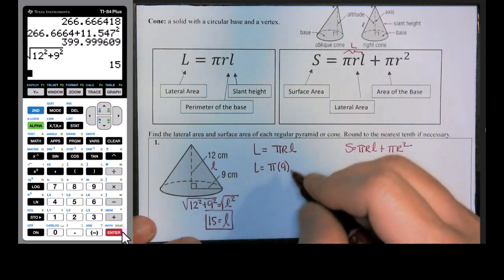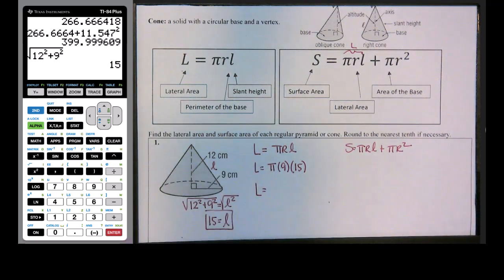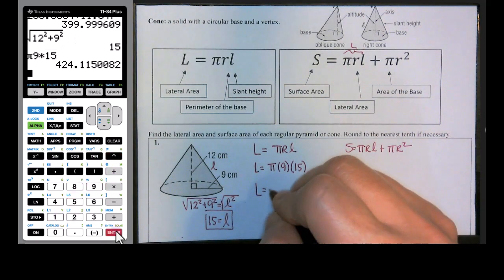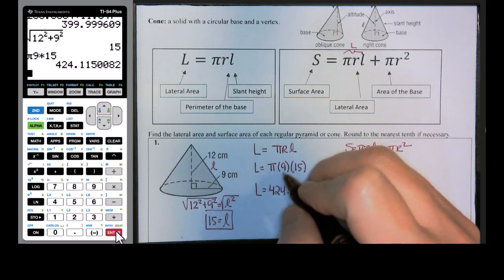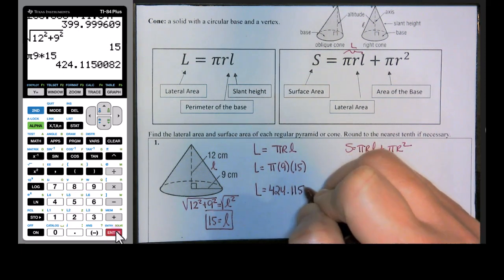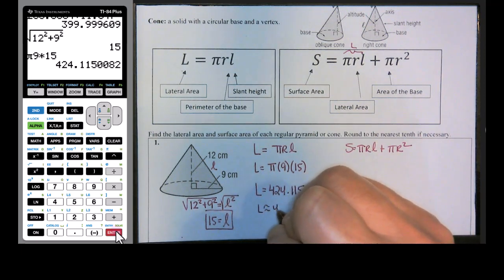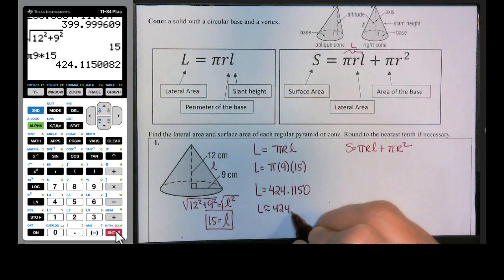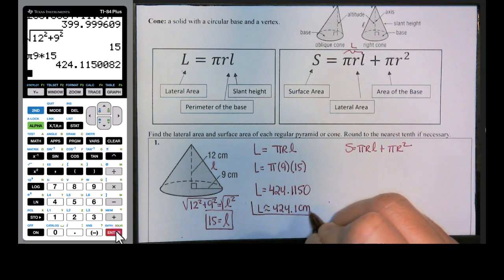So therefore, we can plug it in here. It'll be pi times 9 times 15, and we get 424.1150, which rounds to 424.1 centimeters squared.